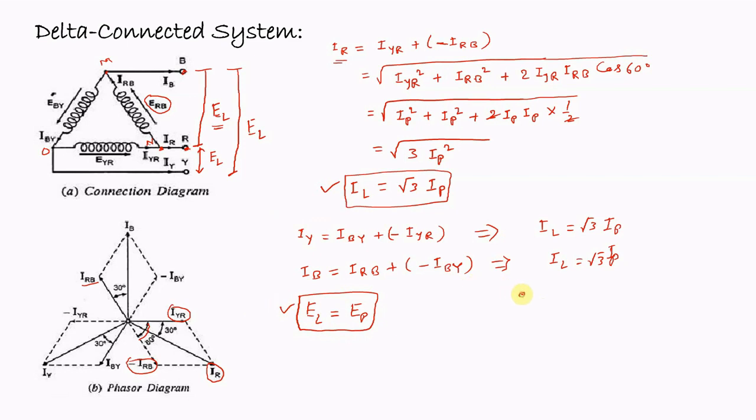If we recall the star connected system here, for star connected system we have seen that the line voltage was root 3 times of the phase voltage, but the line current was equal to the phase current. And here it is just the opposite.